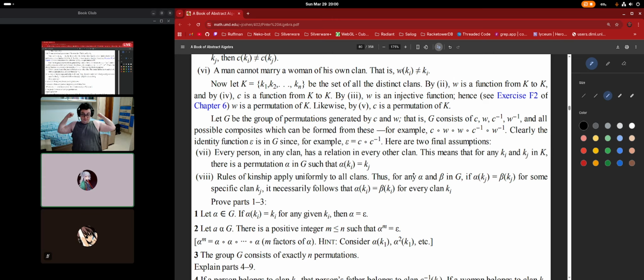If C is the identity, and alpha happens to be C, then M is 1, because if you just apply C once, that's the identity, so you're already back where you started. And if it happens to be W, then M is 2 because you can go to the other clan and then go back.